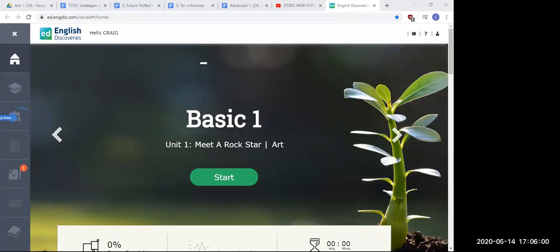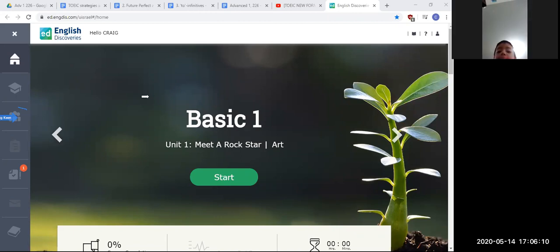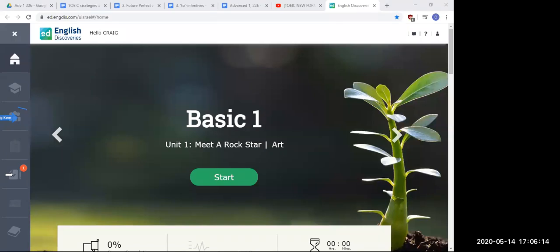And the other thing we need to know is this tab here, which is the assessments tab. So we have the communities tab for the forums. We have the assessments tab for when we have our midterm test and our final test.